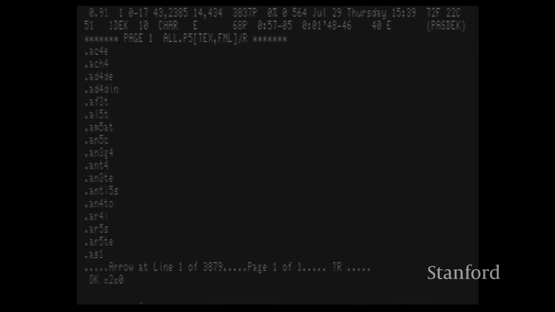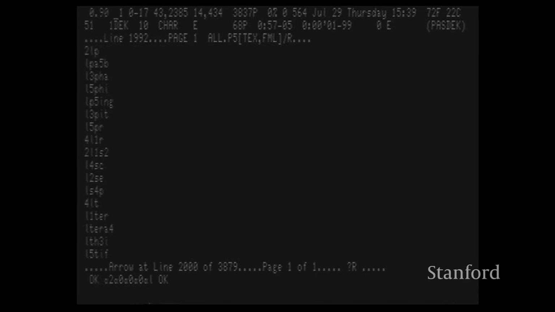Let's take a look at line 2000. We're in the middle of it now. Here's an L, P saying don't hyphenate before the pair LP. But here's a strong case for hyphenation, L, P, A, B. Okay, yeah, you can move to a seat where it's easier for you to see the monitor.